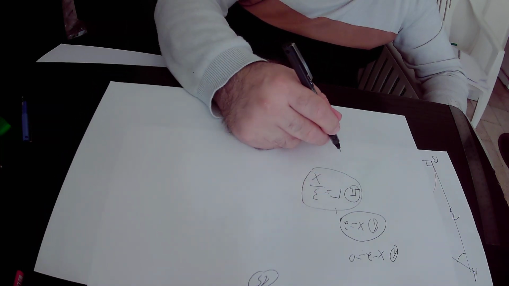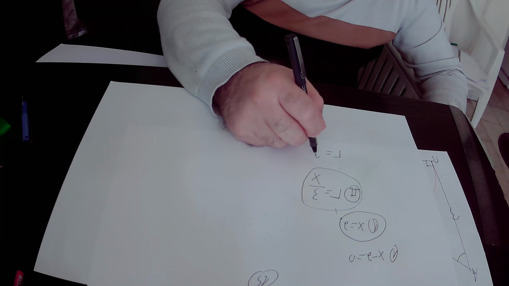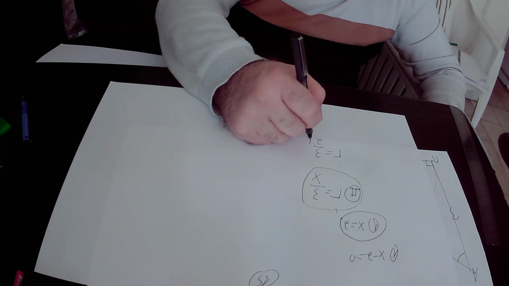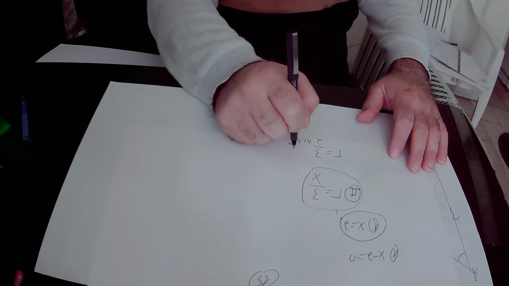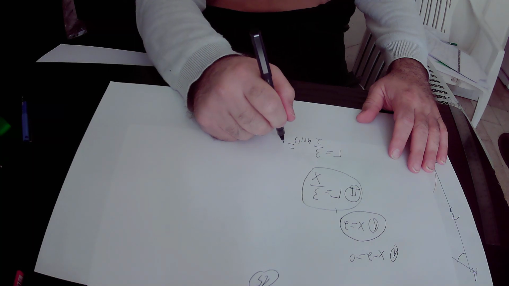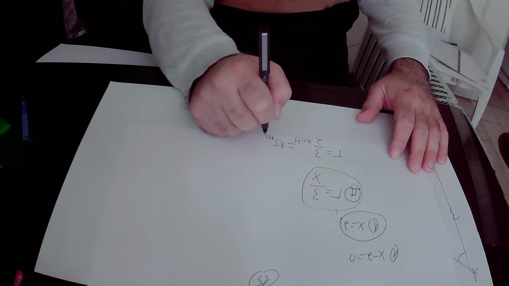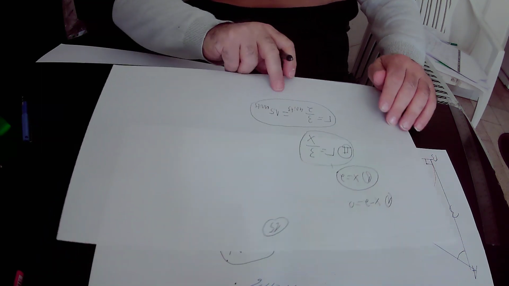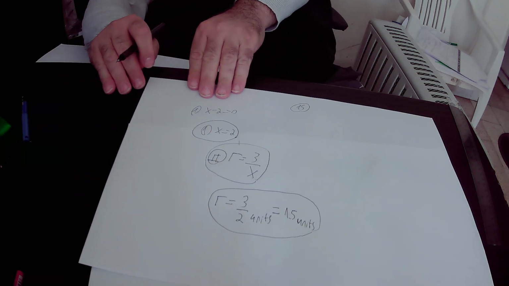So we'll do it now, and we will get that the radius of the semicircle equals 3 over x. x is 2, so it is 3 over 2 units, or we can present it as 1.5 units. 3 over 2 is 1.5 units.